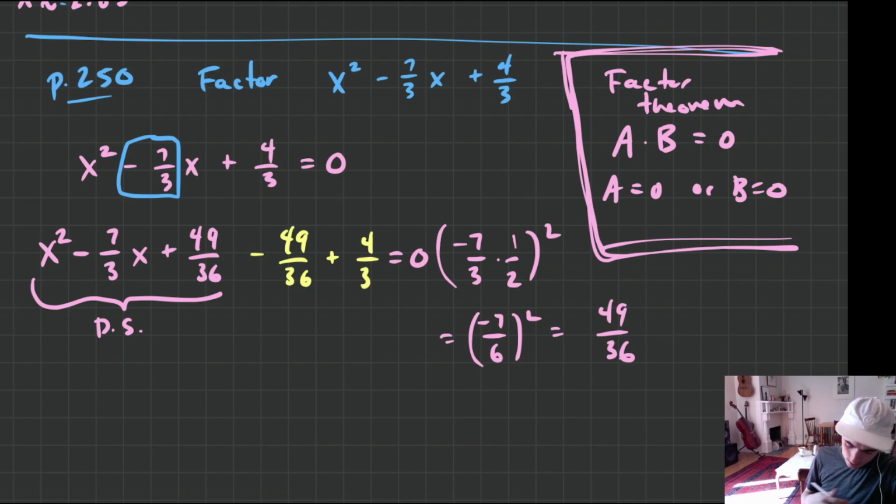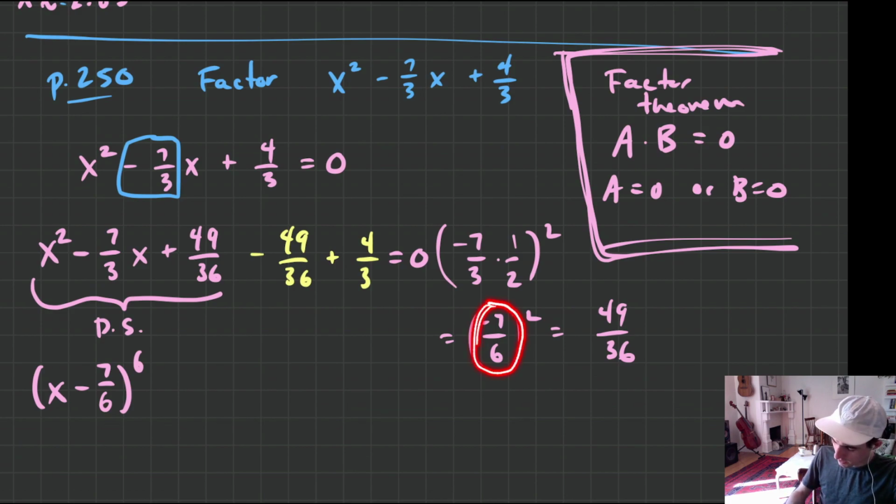We completed the square. I know that if I take the square root of this guy and then double it, I'm going to get this guy right there. So this is going to be x minus 7 over 6 squared. And where did the 7 over 6 come from? That is what is inside these brackets. So we already calculated what we're subtracting from x.